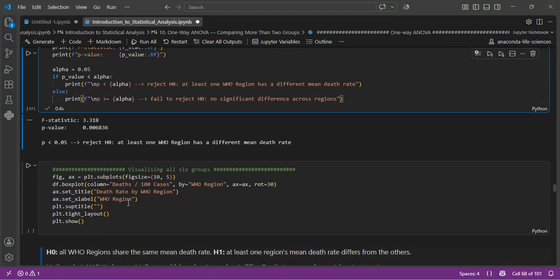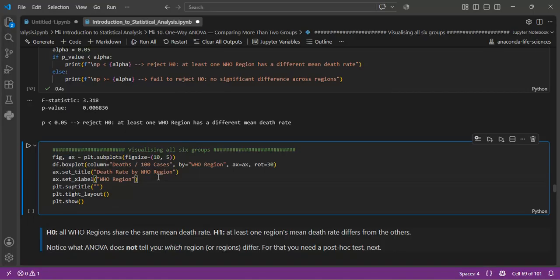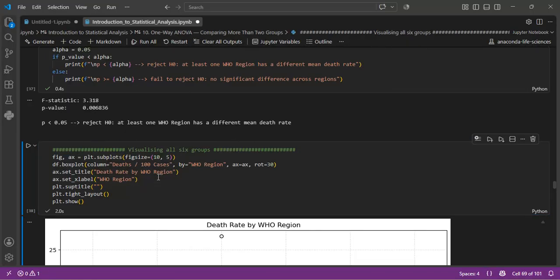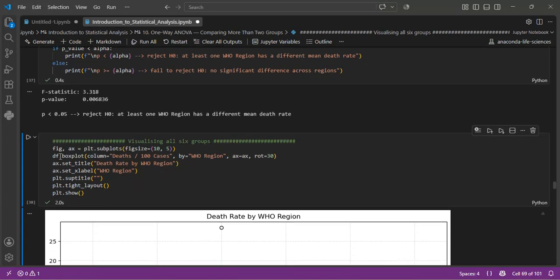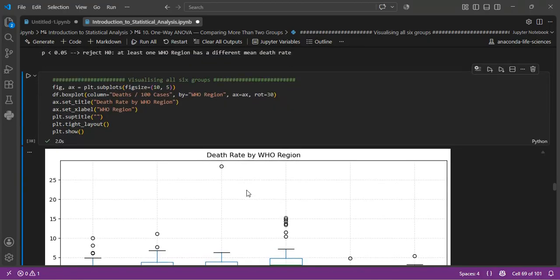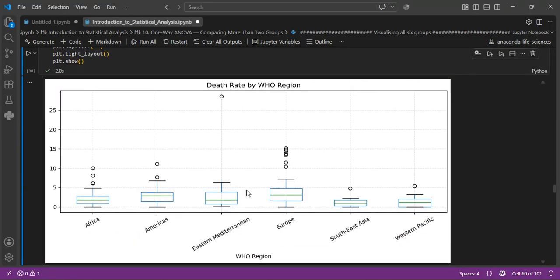All right, so we can visualize all the 6 groups using a box plot. The box plot implementation is just the data frame that we have, then boxplot. The column that we are using is the death per 100 cases, and then the grouping is by WHO region. Then we assign our axes to ax.